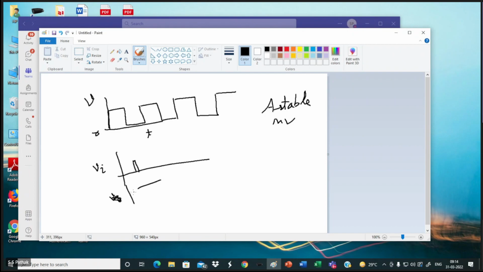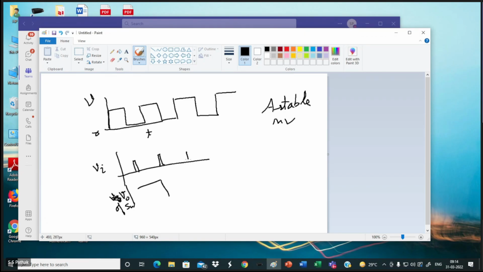So here I'm putting V out of switch. It remains on till the next pulse appears and it becomes off at that time.